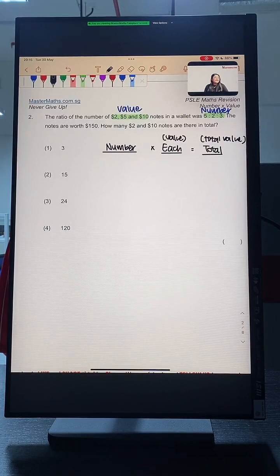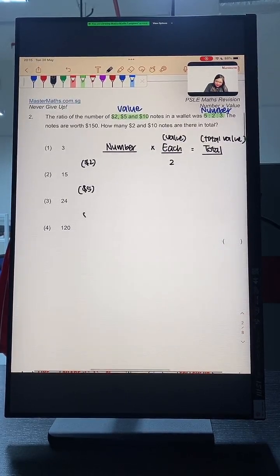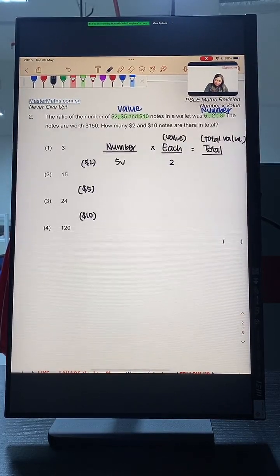So how do we organize this information? Since we are given the number of notes in a ratio form, we will write it down in units. So we have our $2, our $5 notes, and our $10 notes. The $2 notes, we have 5 units of them.